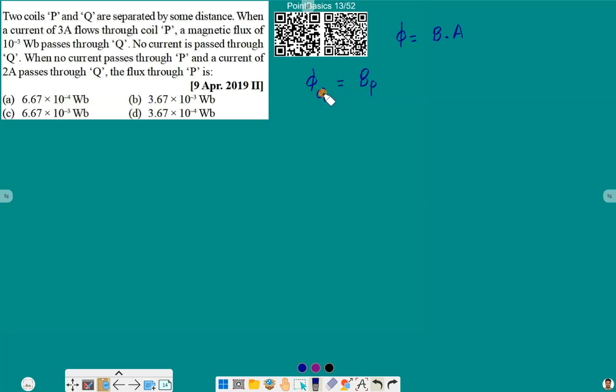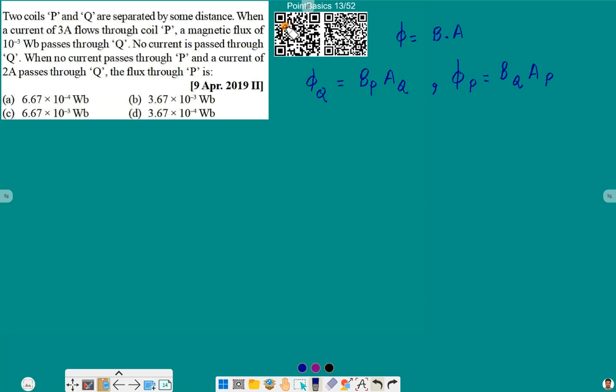If flux is linked with coil Q, then it will be due to some other coil's magnetic field, and the other coil is coil P. So flux at Q will be equal to the magnetic field of coil P into the area of coil Q. And similarly, flux in coil P will be equal to the magnetic field due to coil Q into the area of coil P.